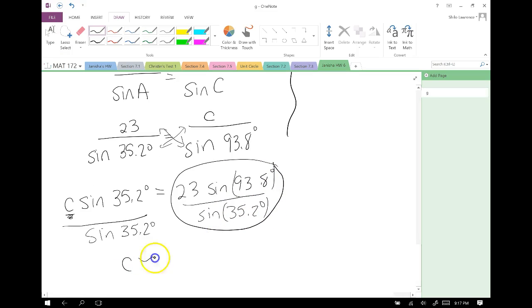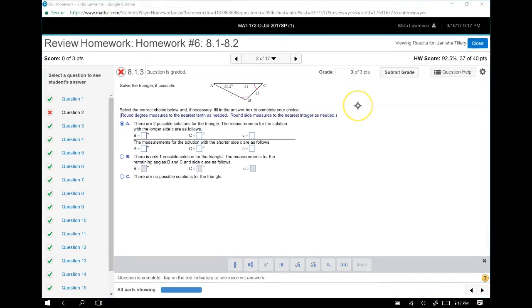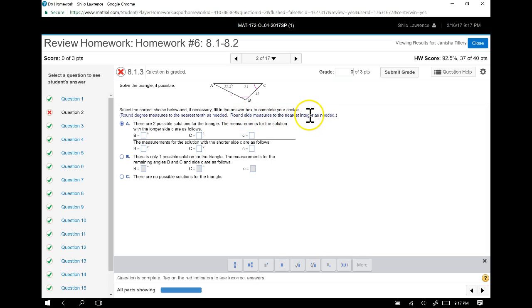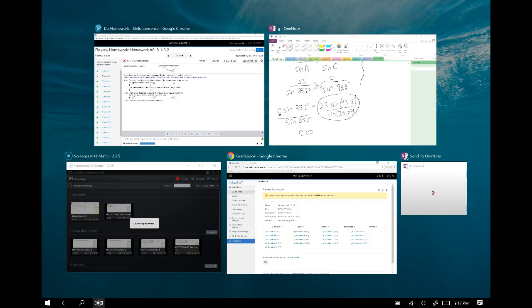So for triangle number 1, when you type in your side lengths, they want side measures rounded to the nearest integer. So the nearest whole number for side lengths.